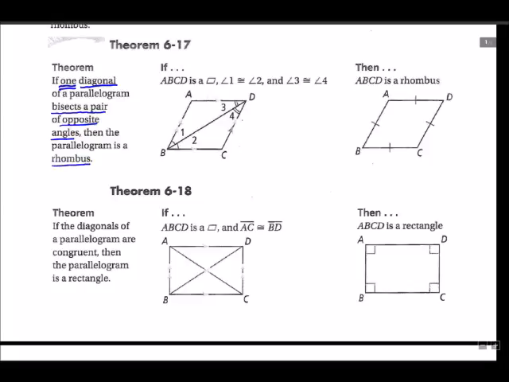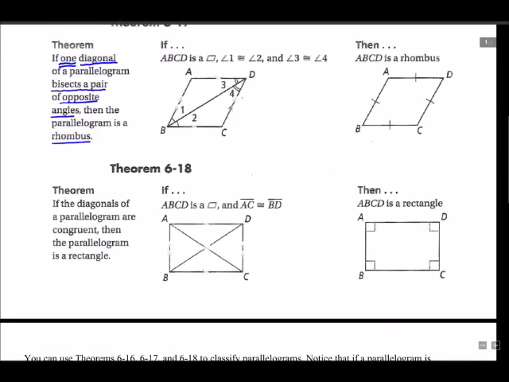And for our last theorem, it says if the diagonals of a parallelogram are congruent, who has congruent diagonals? A rectangle has congruent diagonals. So we have a parallelogram, its diagonals are congruent, then we have a rectangle, and we can automatically mark our 4 right angles. Parallelogram with 4 right angles is a rectangle.